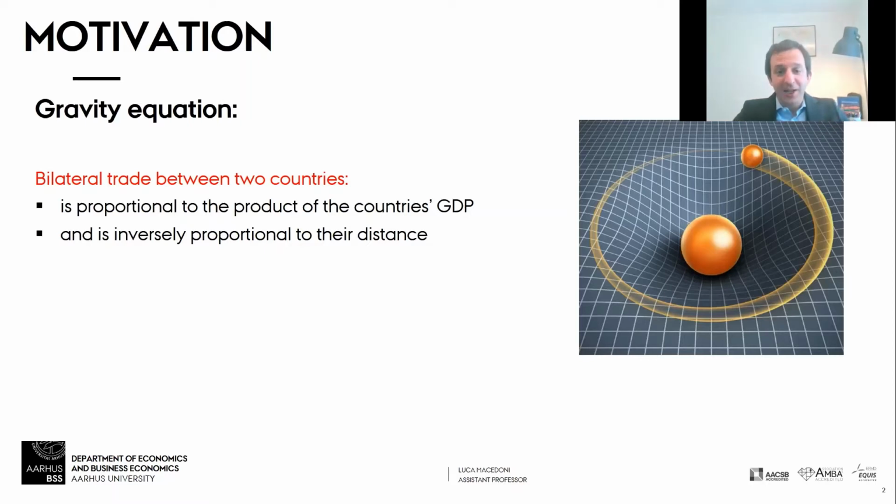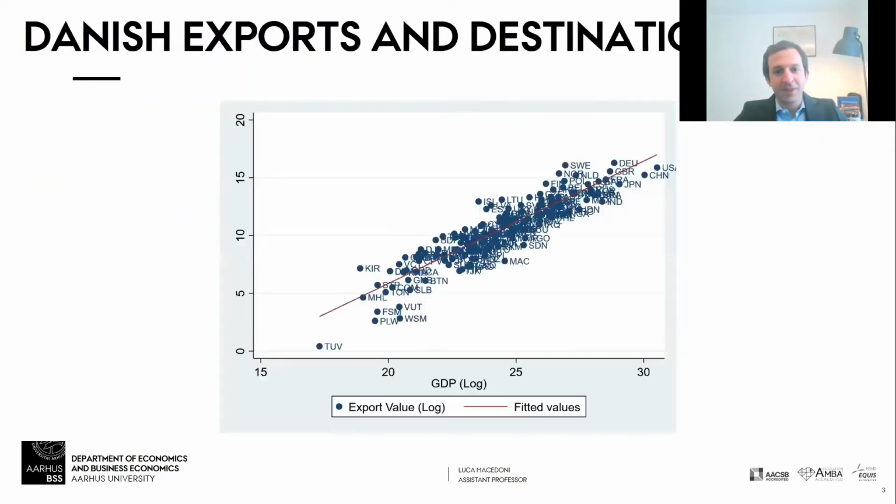So let's look at how gravity works for Denmark. This is a figure that you will actually have to generate in problem set number 6. Here, on the vertical axis we have the log of export value from Denmark to all the destinations listed here. You see the U is Germany, GBR is the UK, SWE is Sweden, you also see Norway.